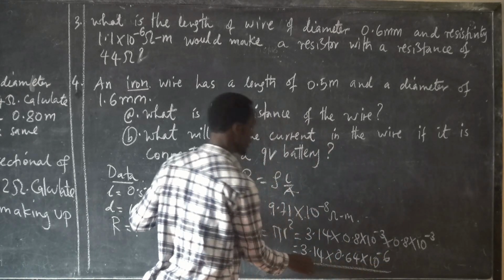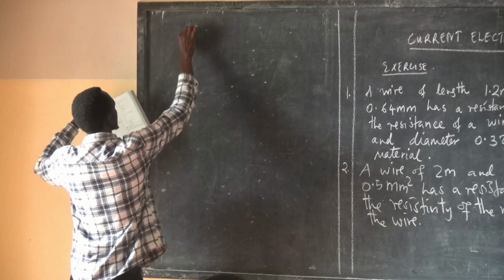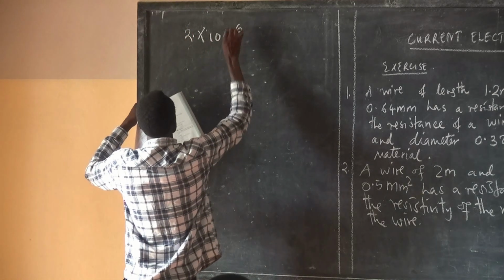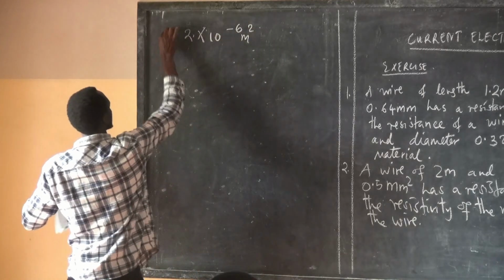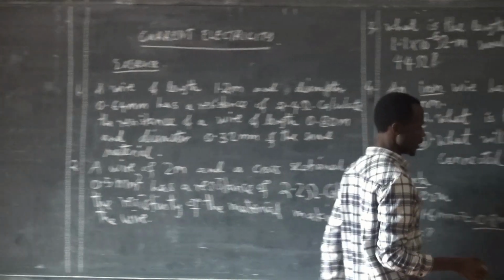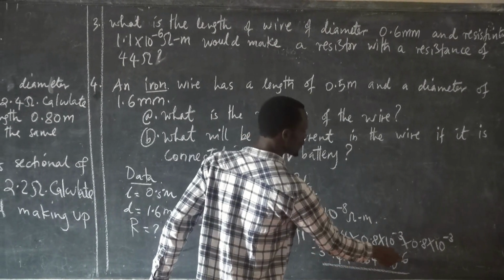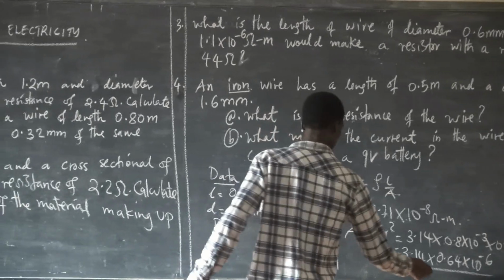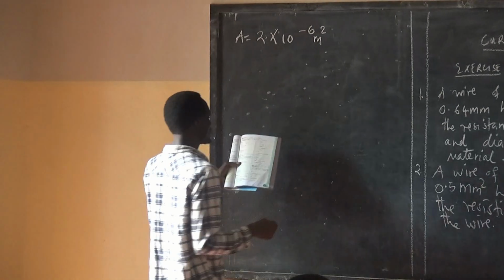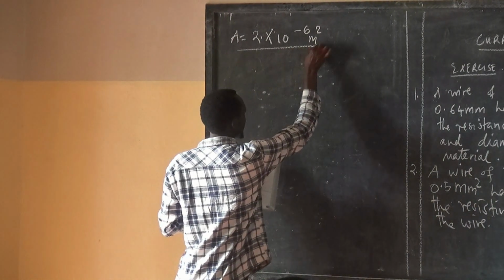This is a cross-section area. After multiplying 0.64 times 3.14 times 10 power negative 6, definitely you find cross-section area is equal to 2 times 10 power negative 6 meter squared. That is the cross-section area. Kwa tayari tumepata cross-section area.